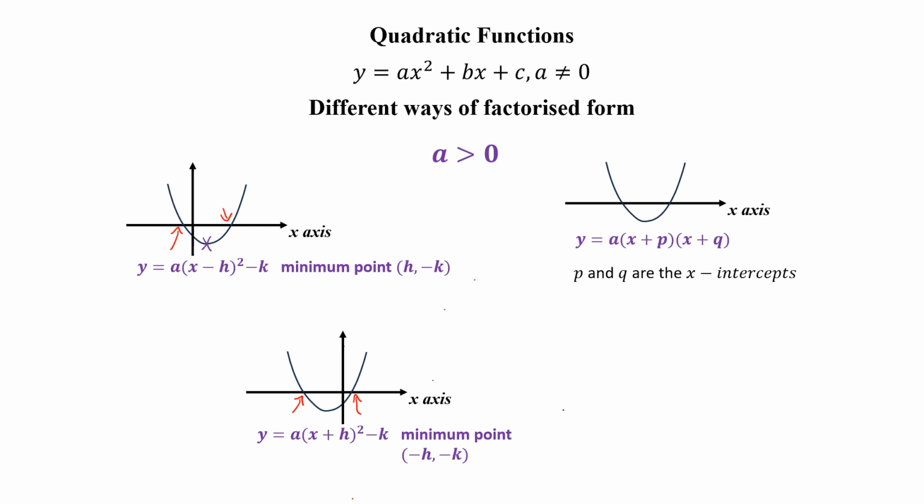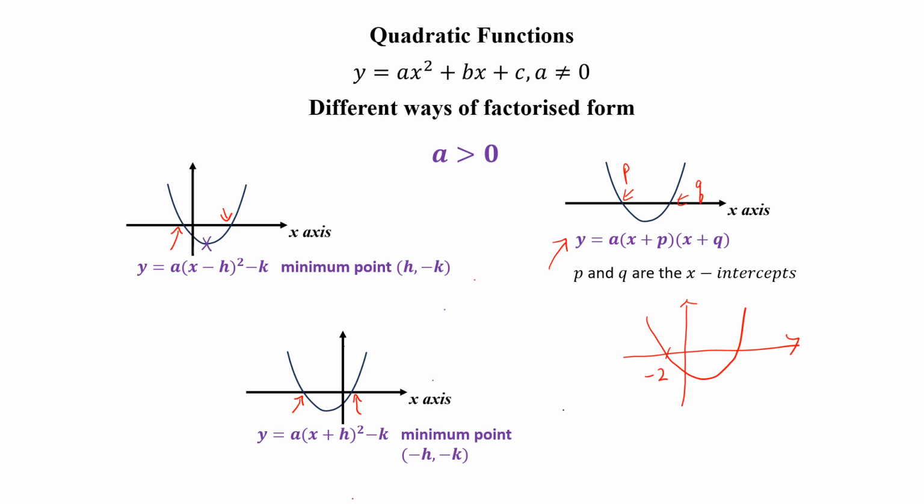So therefore, there's another way to factorize these quadratic functions, and that is called the intercept form. You're factorizing using the x-intercepts. So here, your p and q are your x-intercepts. I'm going to give an example. It could be something like this.